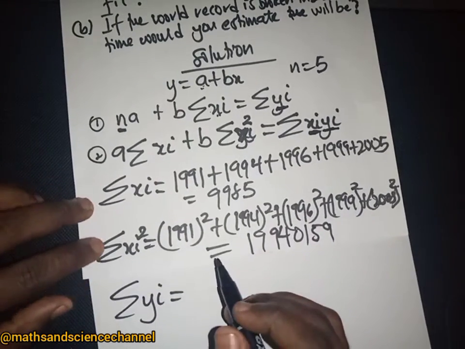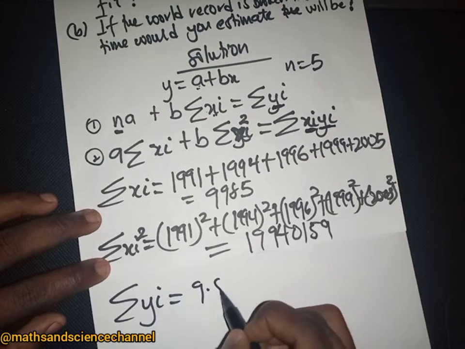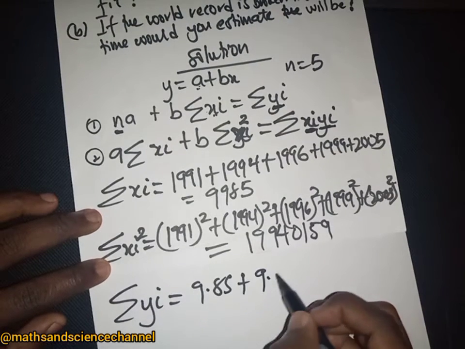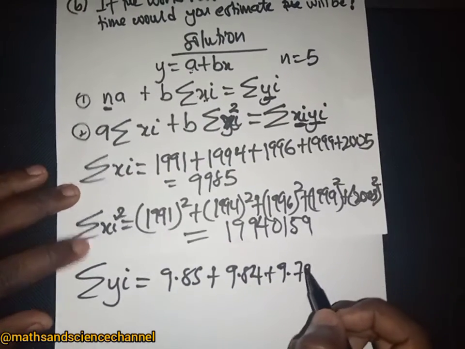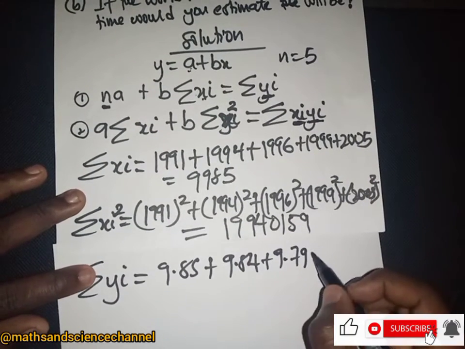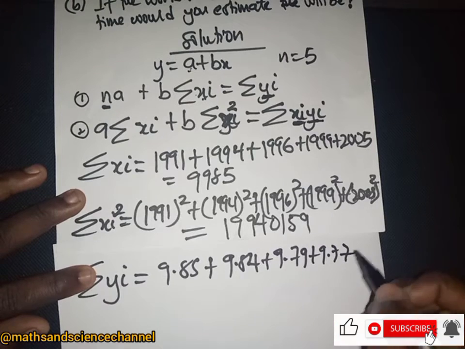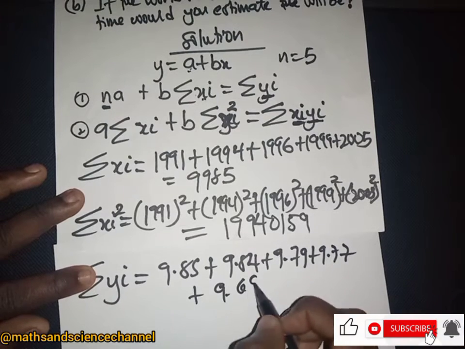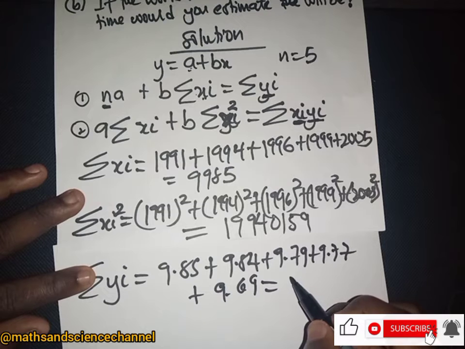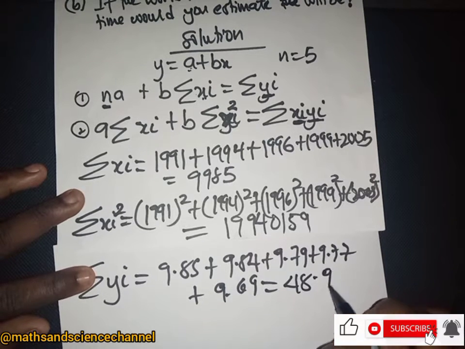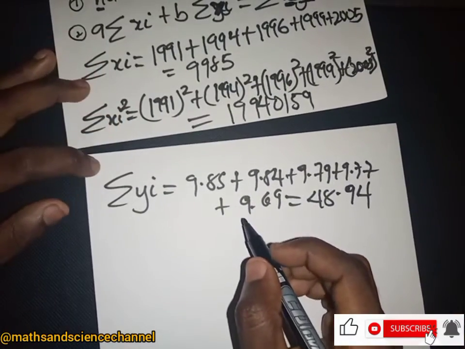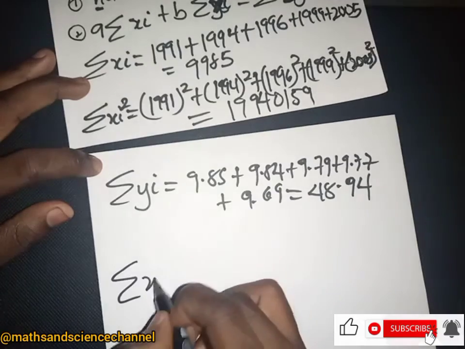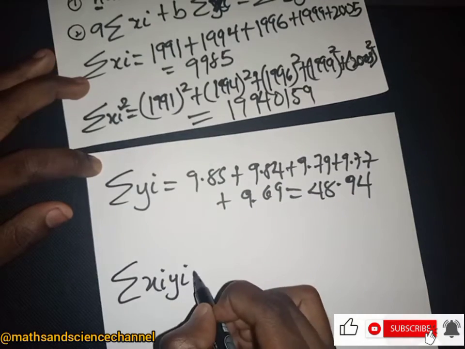So the y values here are 9.85, plus, summing them all up, 9.79, then also plus 9.77, then plus 9.69, and this would give us 48.94.